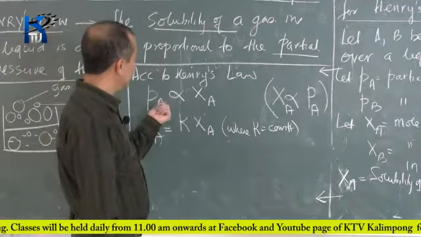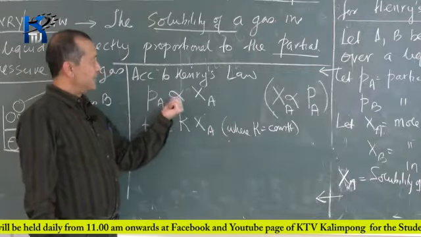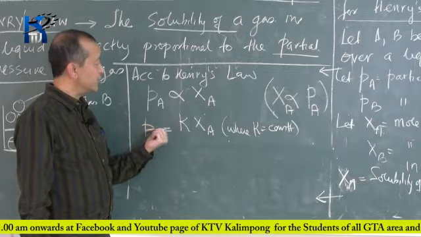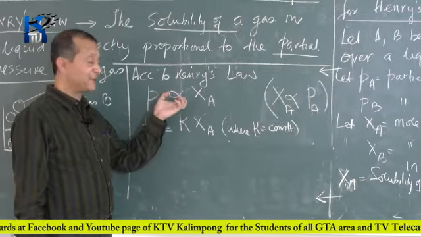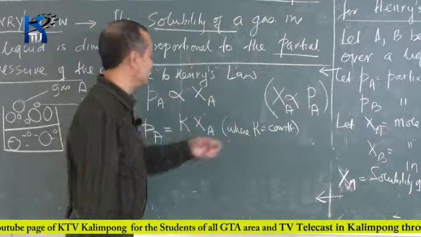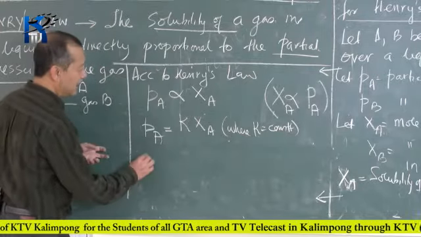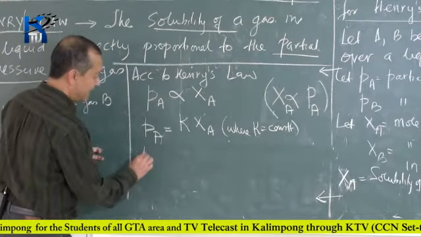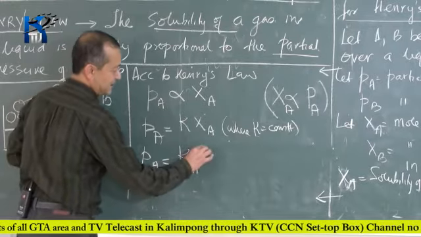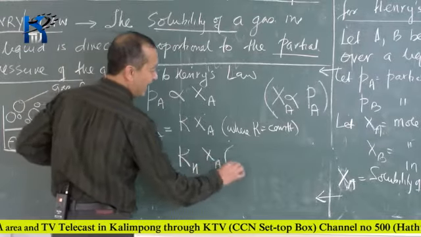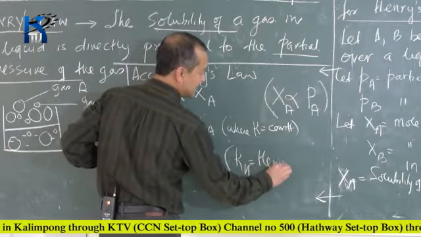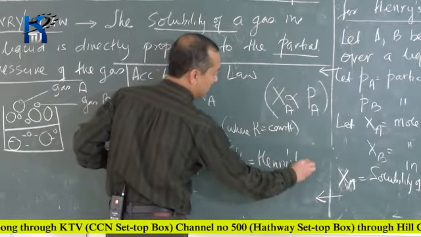So PA is proportional to XA, and in order to simplify the proportionality sign, we write PA is equal to K into XA, where K is a constant. Now in Henry's law, this constant K is represented by KH, where KH is the Henry's law constant.